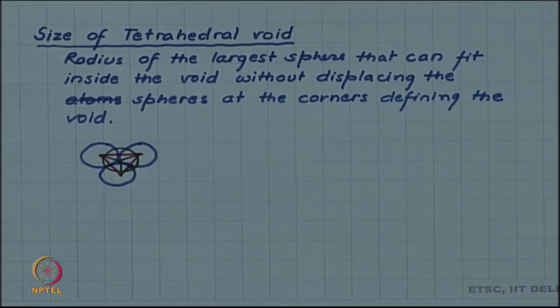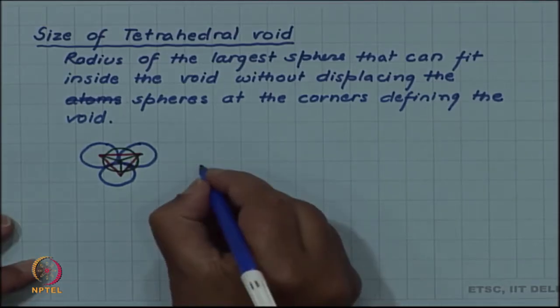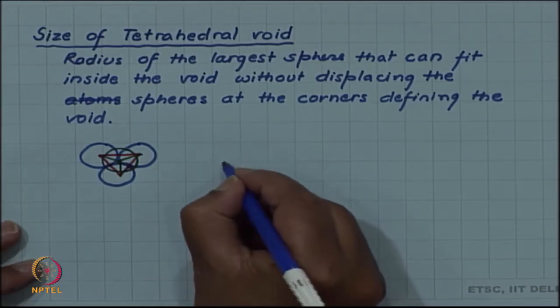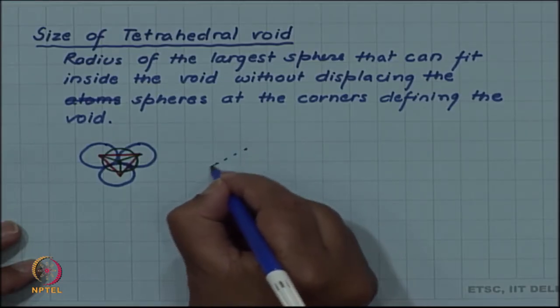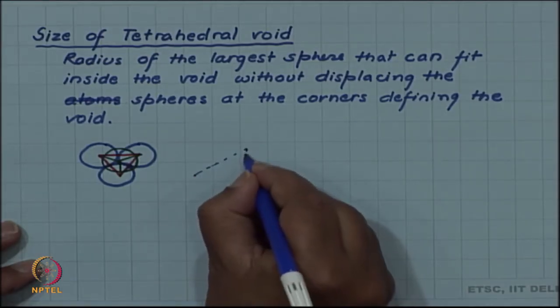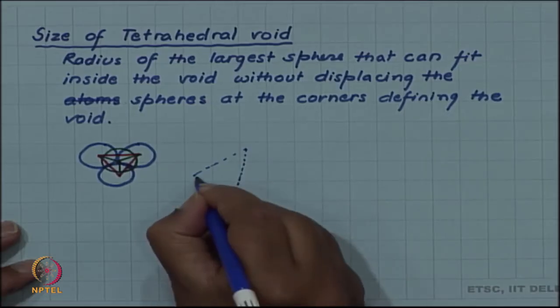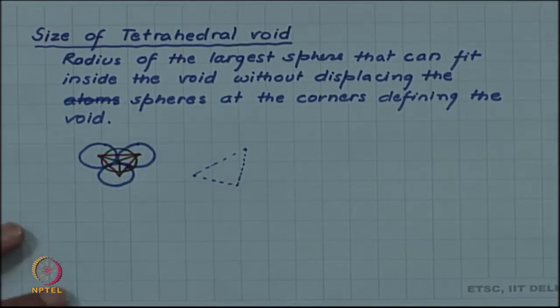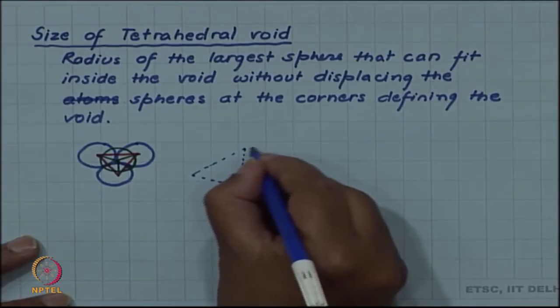So, in perspective, if I try to draw this tetrahedron, I have a base of an equilateral triangle.